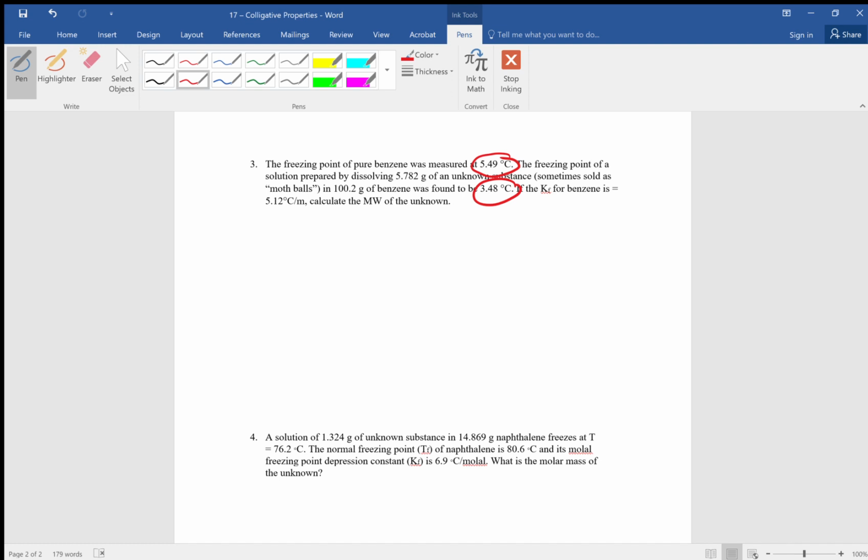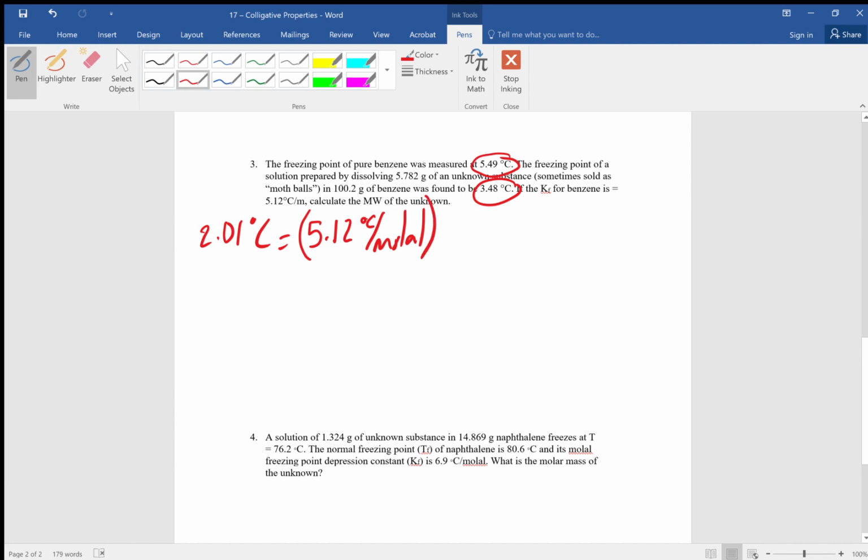And we can just calculate that difference as 2.01 degrees Celsius is equal to the Kf value for the solvent. For the solvent here, the solvent is benzene, 5.12 degrees Celsius per mole.